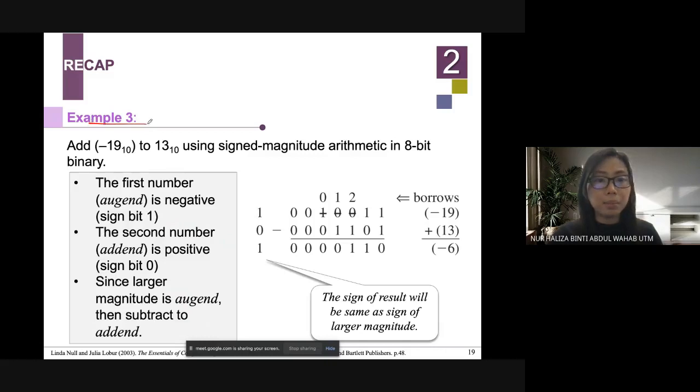Similar to example 3, please try to do it, and if you think that you did not understand, please refer back to your digital logic notes. If you still have a problem with this example, or all the examples given, please contact me so that I can assist you.